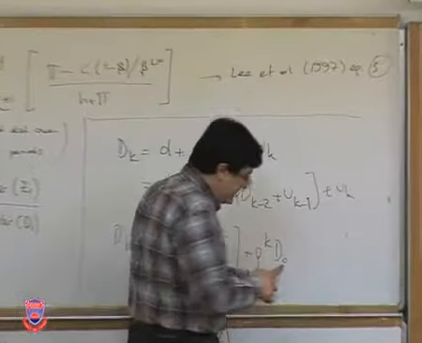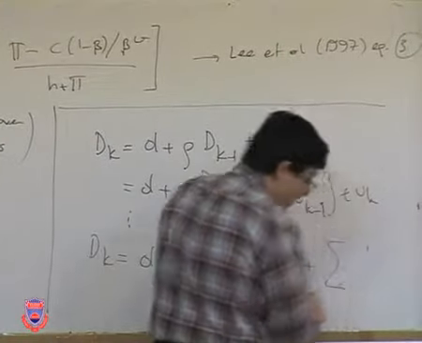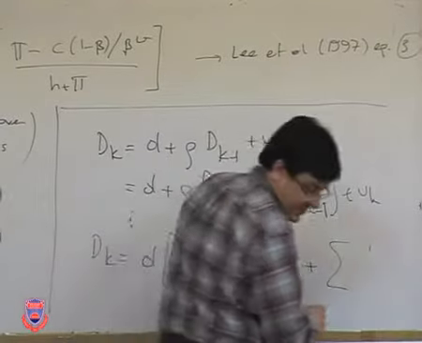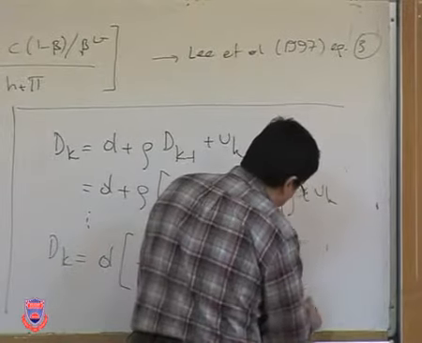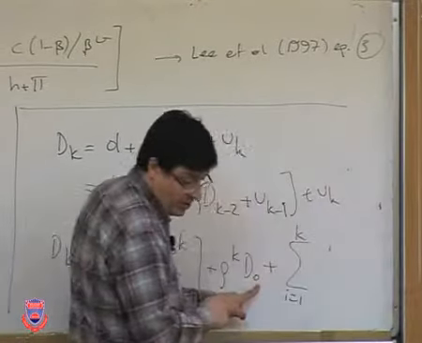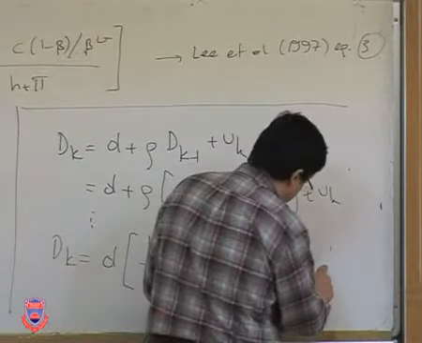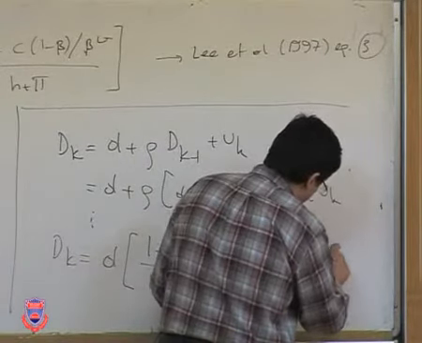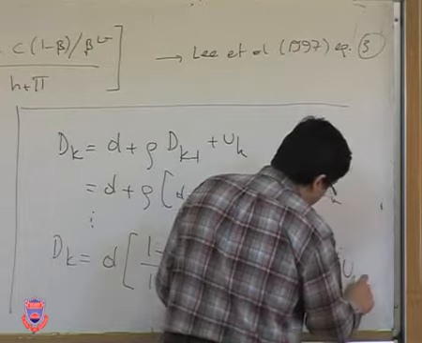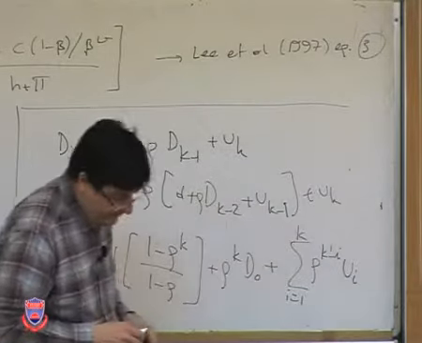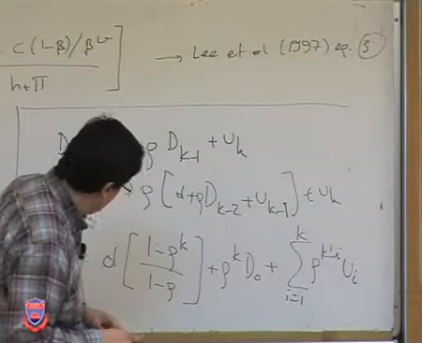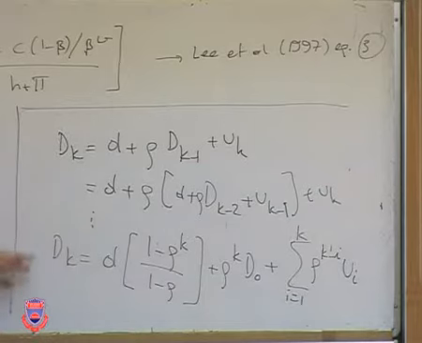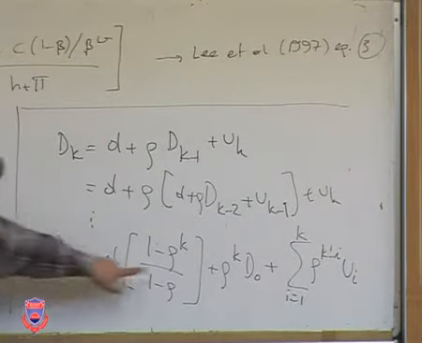Plus I'm going to have the summation from i equals 1 to k of rho to the k minus i times ui. Okay, so what I have done is I have represented dk in terms of d0.